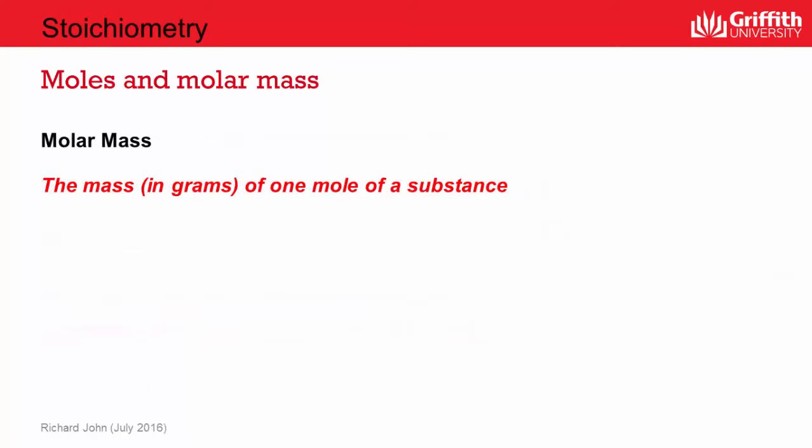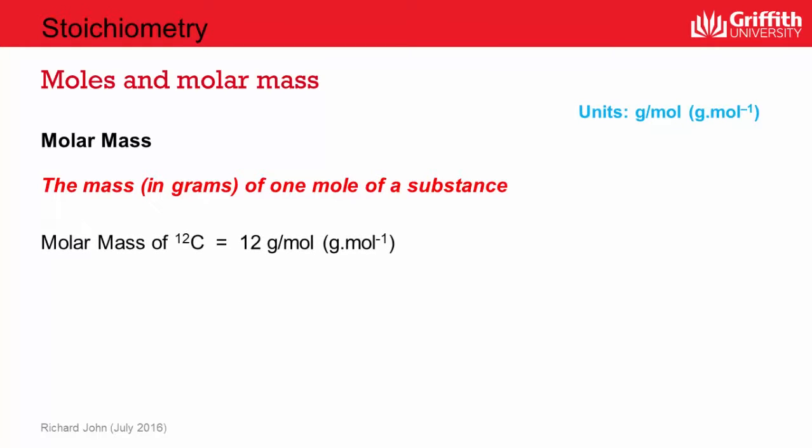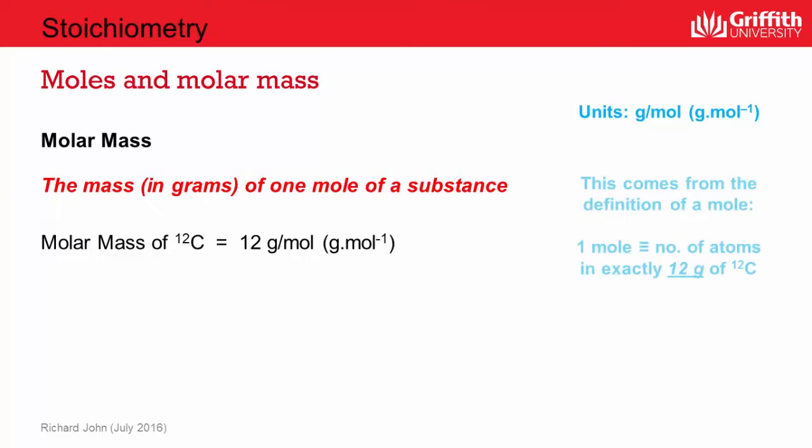So the molar mass is the mass in grams of 1 mole of a substance. And the units for molar mass are grams per mole. The molar mass of carbon-12 is 12 grams per mole. And this essentially comes directly from the definition of a mole, where we saw that 1 mole is equivalent to the number of atoms in exactly 12 grams of carbon-12.